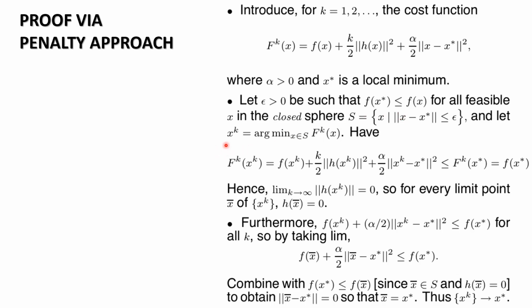So let x_k be the argmin of f_k(x) over x in S. And now x_k is a minimizer of the penalized problem within the ball S.